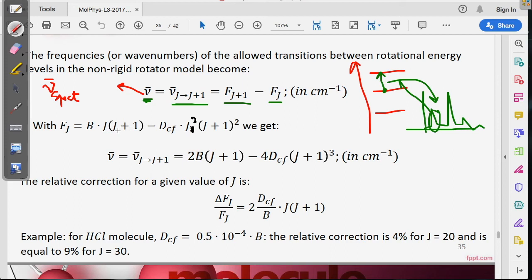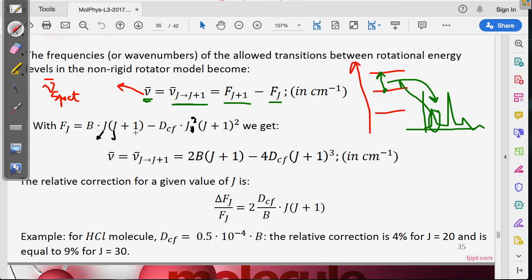It's a lot of simple algebra, and I'm not going to write it now. If we were on a real board, I would have written it, but even that is not necessarily interesting. You just replace J by J+1, put it in here, and you get F(J+1).